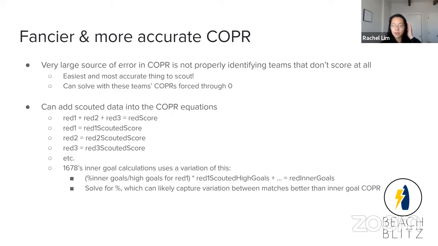And their formulation is that percentage multiplied by the number of high goals that they scouted for that team. You sum that for the 3 teams on the alliance, and that value should equal the number of inner goals that alliance made.